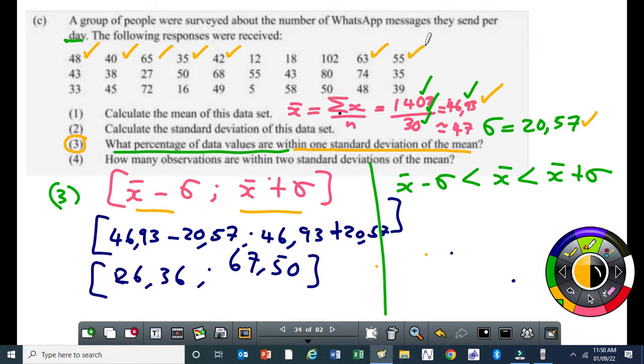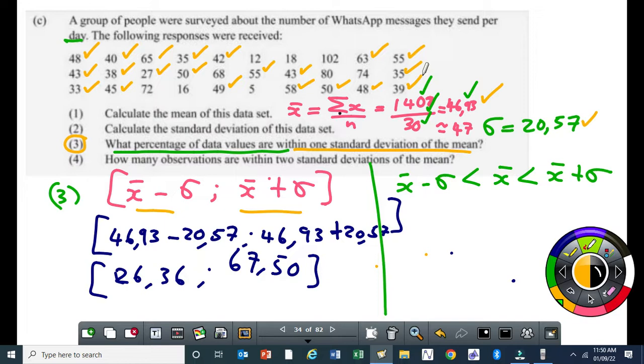Are you following? There's 43 yes, 38 yes, 27 yes, 50 yes. 68? No. Then 55, 43, 8 no. 74, 35, 33, 45, 72 no. 60 no. 49, 58, 50, 30.